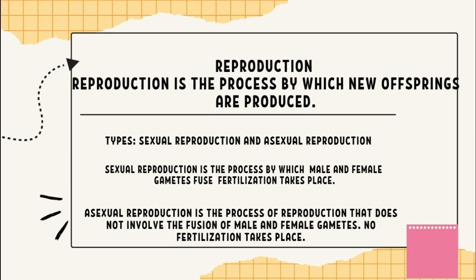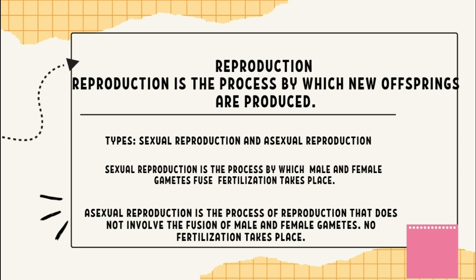Once it's living, it can reproduce. Even though we're focusing more on the human aspect, just know that reproduction goes for everything, even plants, even our flowers, right? It's not just humans that reproduce.